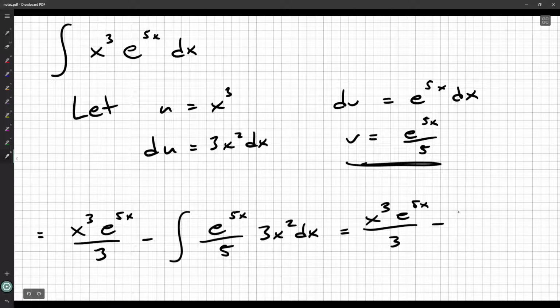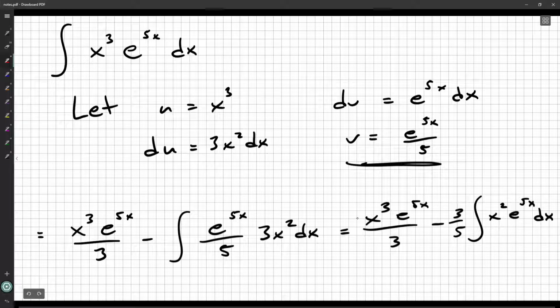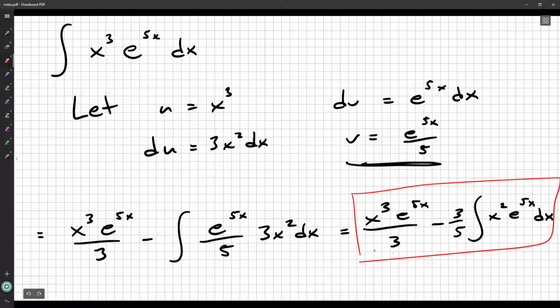We could bring the 3 and the over 5 out, leaving x squared e to the 5x dx. So this expression here, as a function of x, is equivalent to this expression here. They mean the same, but hopefully if we've done a good integration by parts, then we see a simple way to integrate our leftover integral. Because we haven't finished our integration, we've just traded one for another.